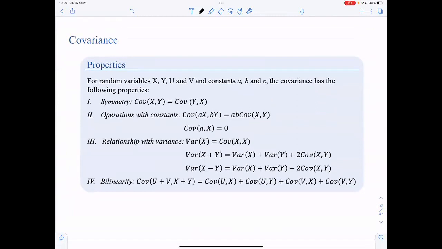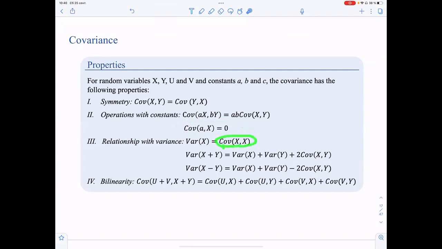If any of the variables are multiplied by coefficients, then these coefficients may be extracted outside of covariance as a multiplier. If you are covariating x with a constant, then obviously, because a constant has no fluctuations at all, the total covariance is going to be 0.